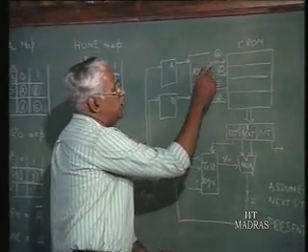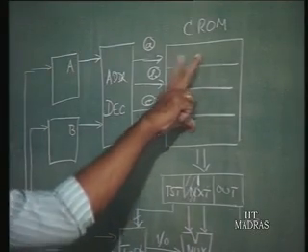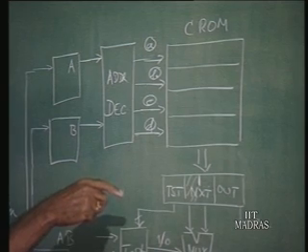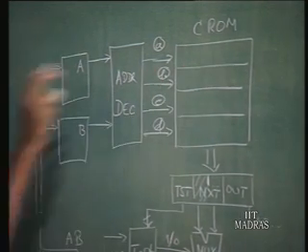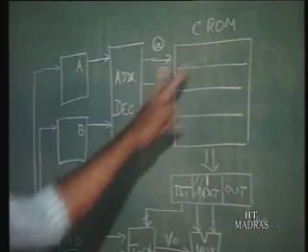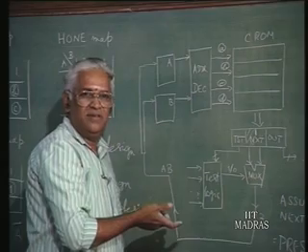Now, instead of this particular read only memory which gives this information as per the ASM chart which we discussed earlier, you pull out this read only memory, put some other code and put it back, then the behavior of this machine changes, right.